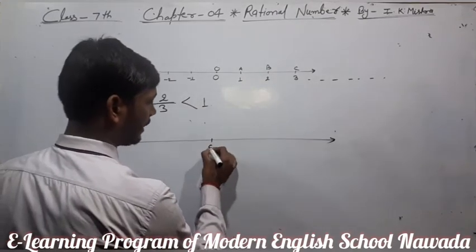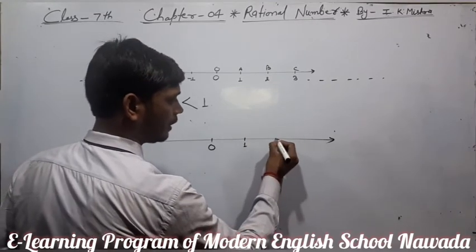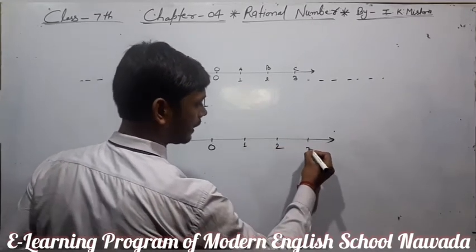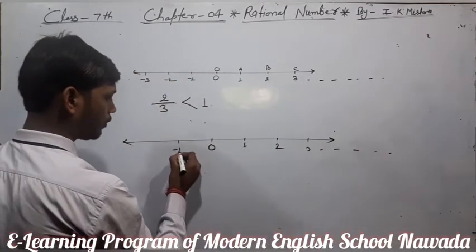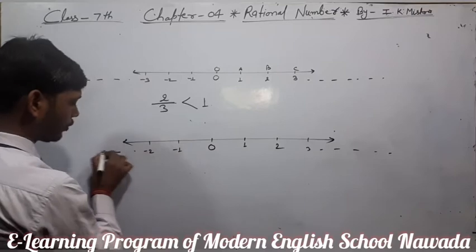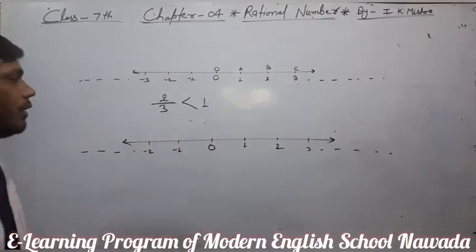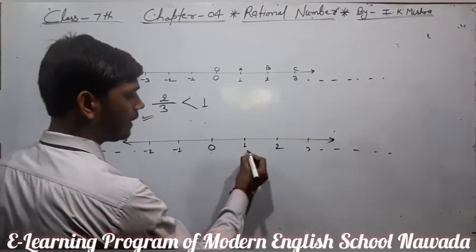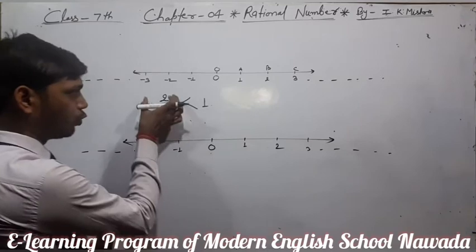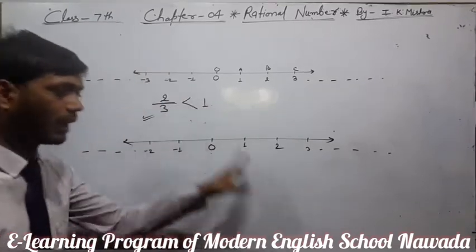Take a point 0, here 1, here 2, 3, and these are all positive integers. Here -1, -2 and so on. Students, we identify that 2 by 3 lies between 0 and 1. That means 2 by 3 lies in this part of the line.